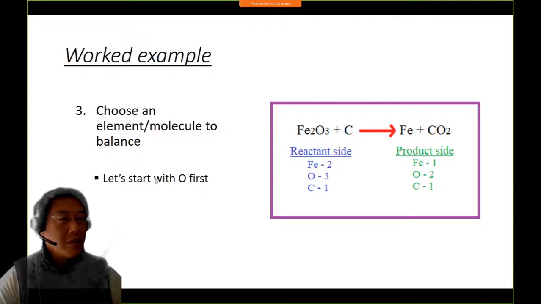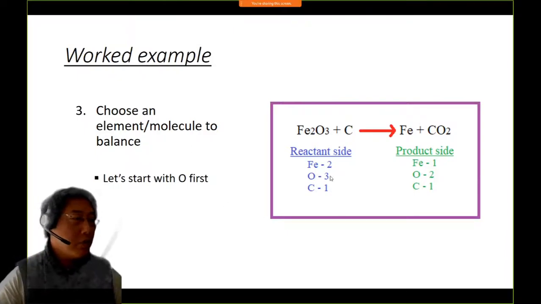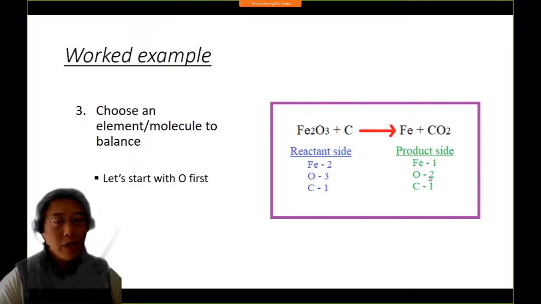Let's say we start with oxygen that we want to balance. How many oxygen? We have 3 on the left and 2 on the right. What value needs to be equal? So you're looking for your lowest common multiple, which is 6. So we need to multiply this one by 2 and this one by 3.